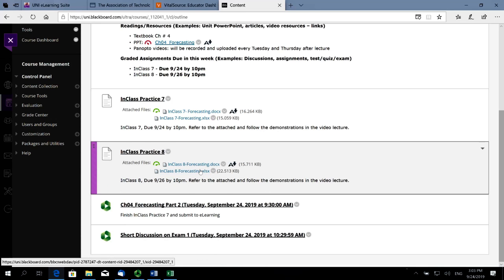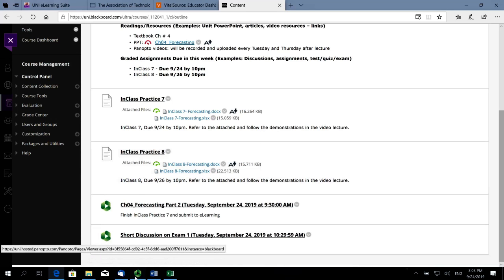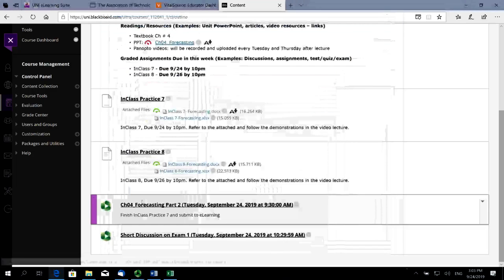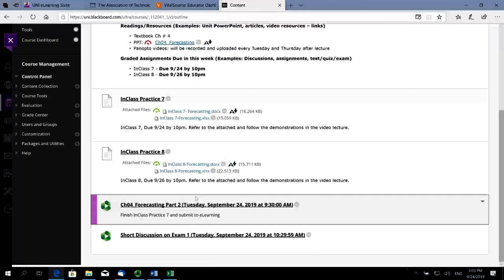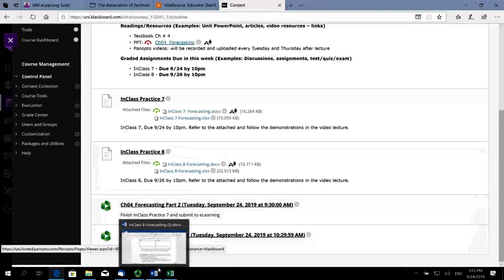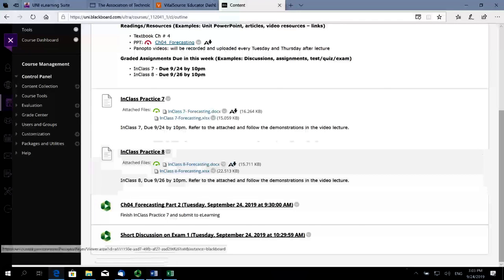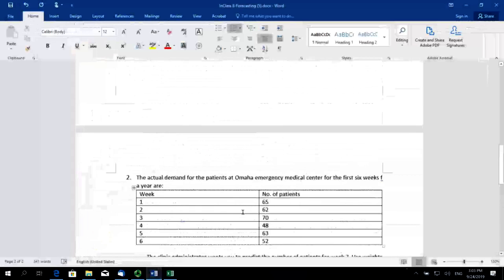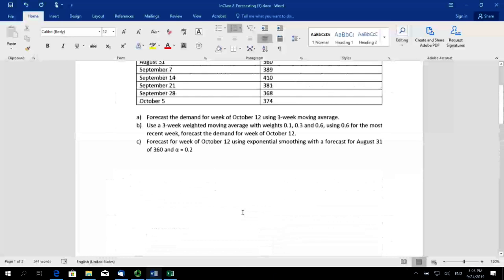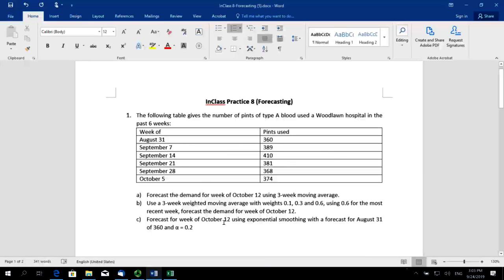So please open the InClass practice sheet number 8. If you look at number 8, I have 3 questions. Basically, it's one more practice about the forecasting methods.